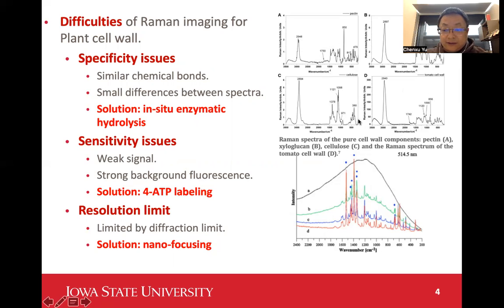And when you collect a cell wall spectrum like this, it's also hard to associate this information to spatial positioning, so that you can reveal what polymer is at what spatial location.